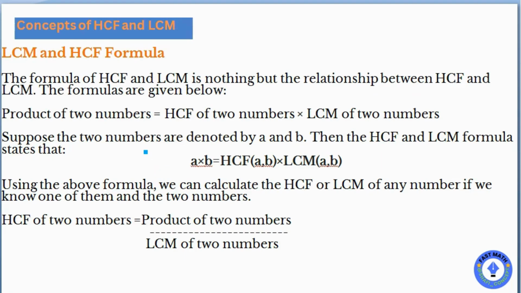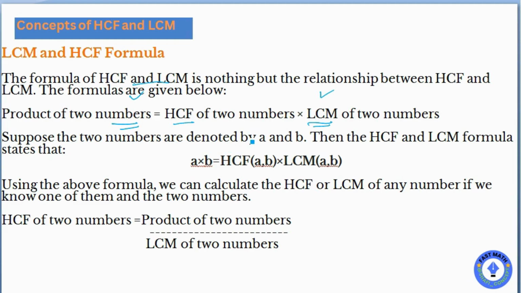Let's move to the formula. The formula of HCF and LCM says that the product of any two numbers is equal to the HCF of those numbers multiplied by the LCM of those numbers.